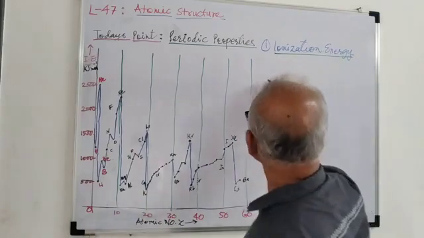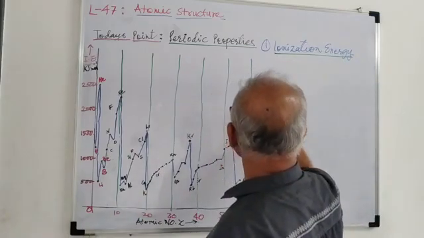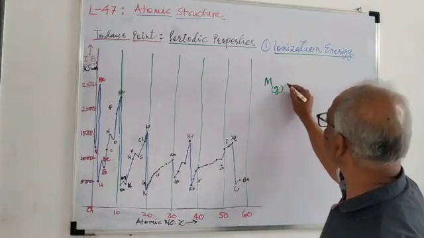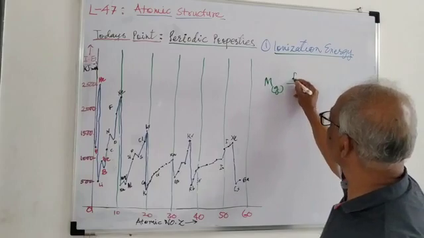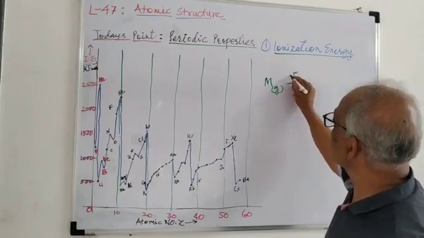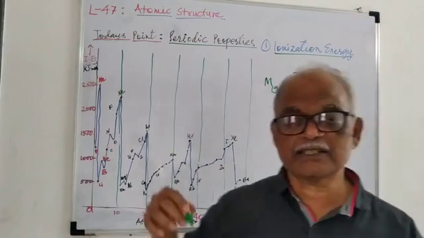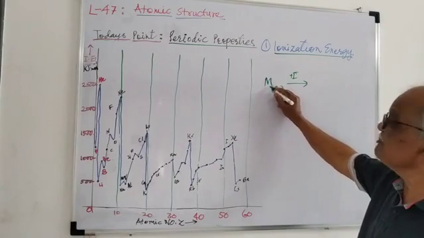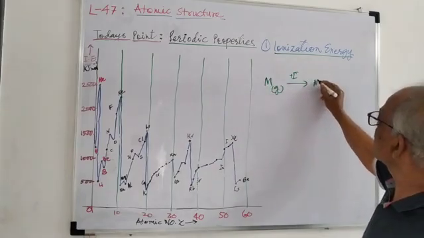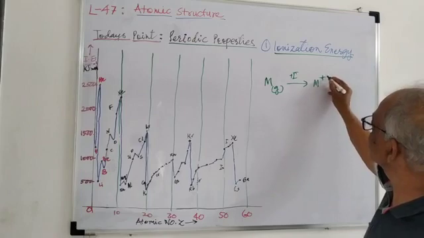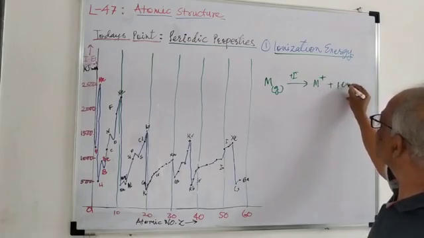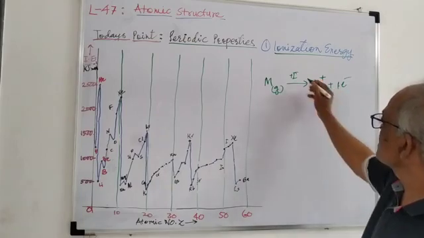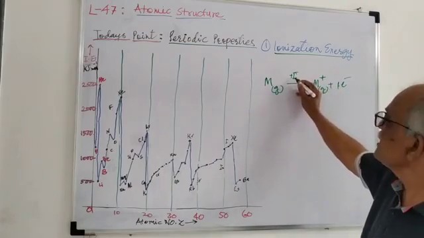For example, if we consider M as the neutral gaseous atom, when we supply some energy, represented by I, the plus sign indicates that energy is supplied for this purpose, so that the outermost electron of this M atom is removed and it becomes M plus with the loss of one electron. It is also obtained in gaseous state. This is called first ionization energy.